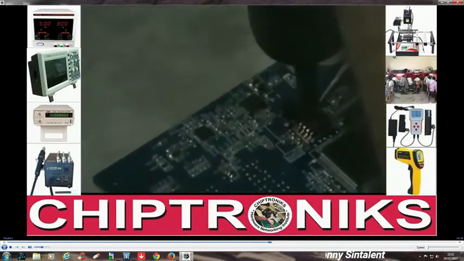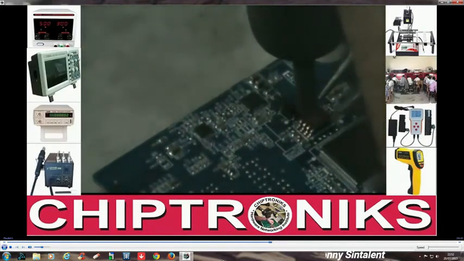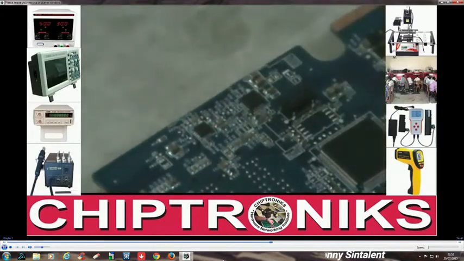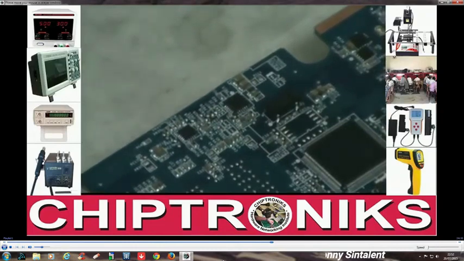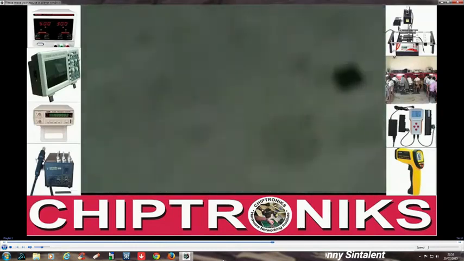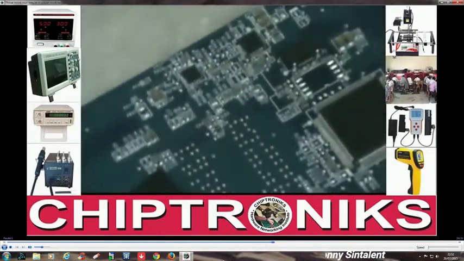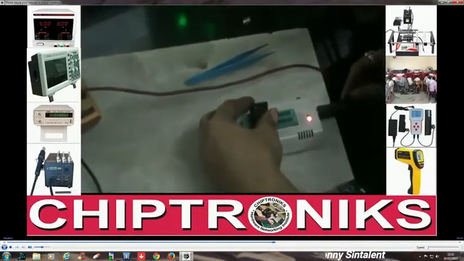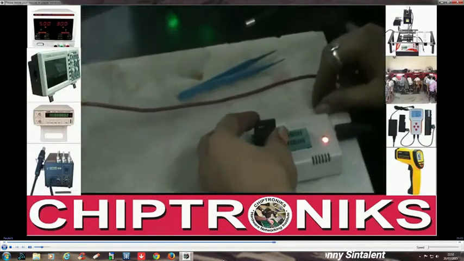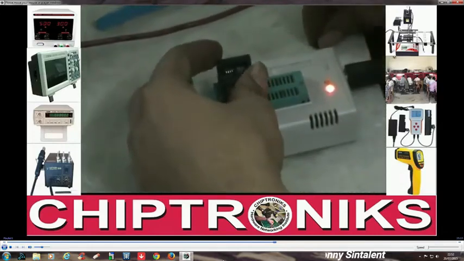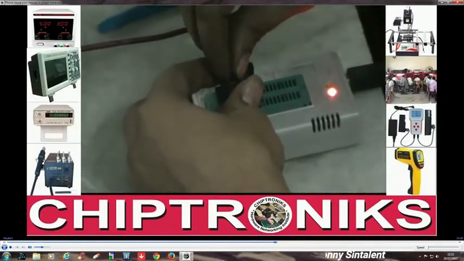Now I remove this IC. Okay. I remove this. This is our BIOS programmer, TL866. I fixed this.